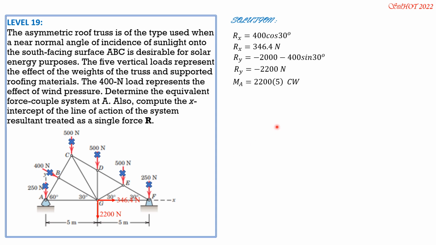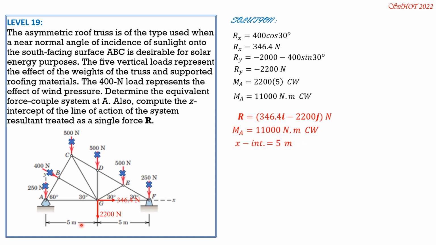So final answer, R is 346.4i minus 2,200j newtons. Moment at A is 11,000 Newton meter clockwise. X-intercept is 5; there's no need to compute it.